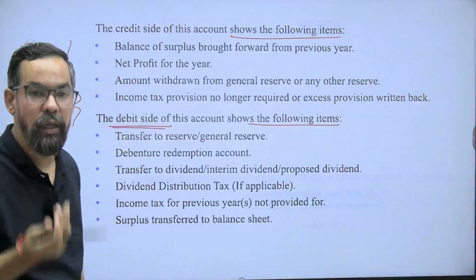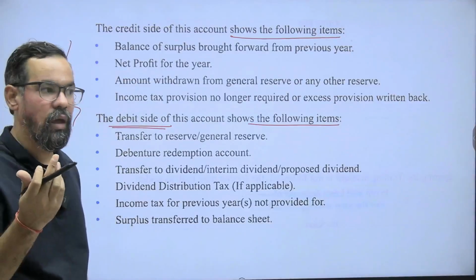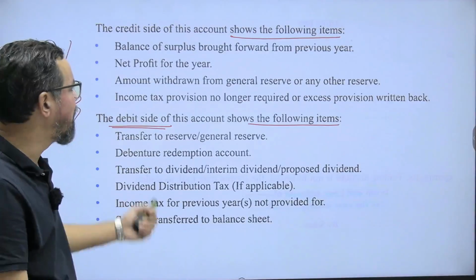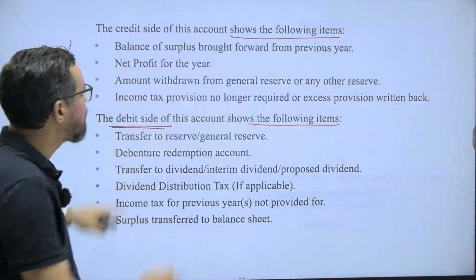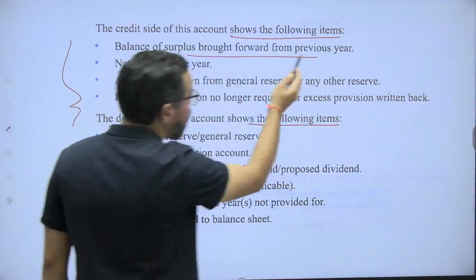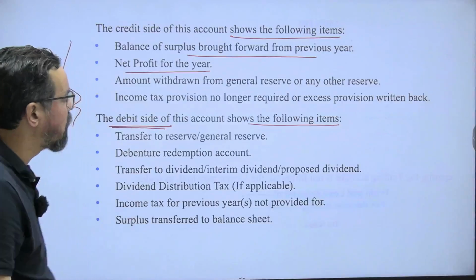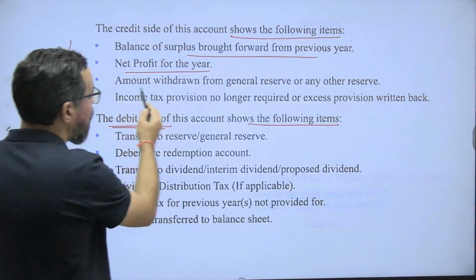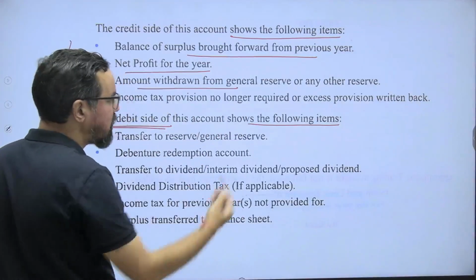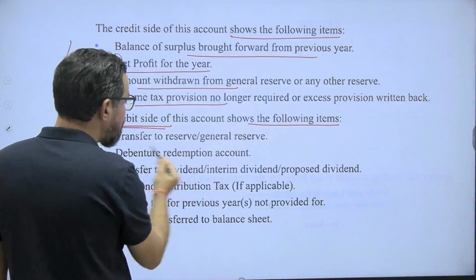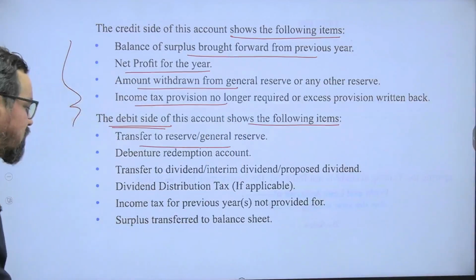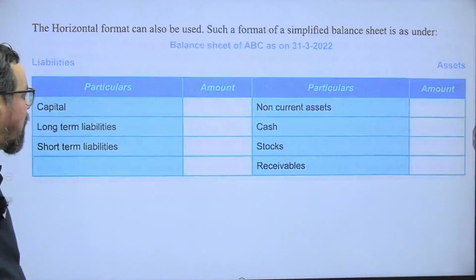This is about your profit and loss account. Sometimes they ask these kinds of questions. Balance of surplus brought forward from the previous year. Net profit, sorry, it is for the balance sheet. Again, amount withdrawn from the general reserve and others, income tax. So transfer to reserve and surplus, debenture redemptions and others, which are generally part of this one.